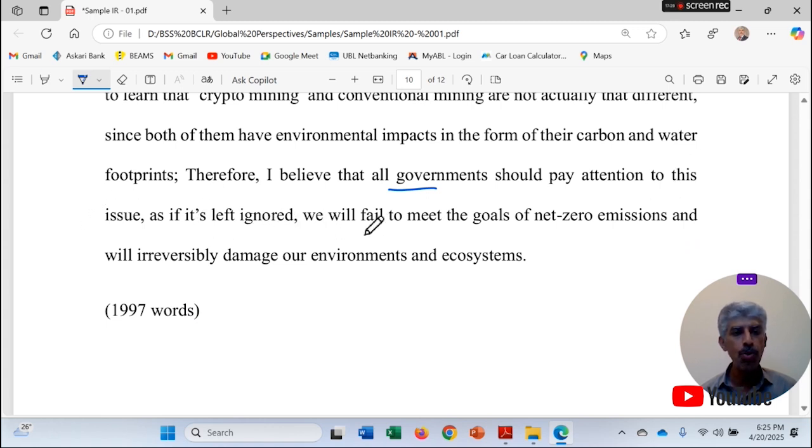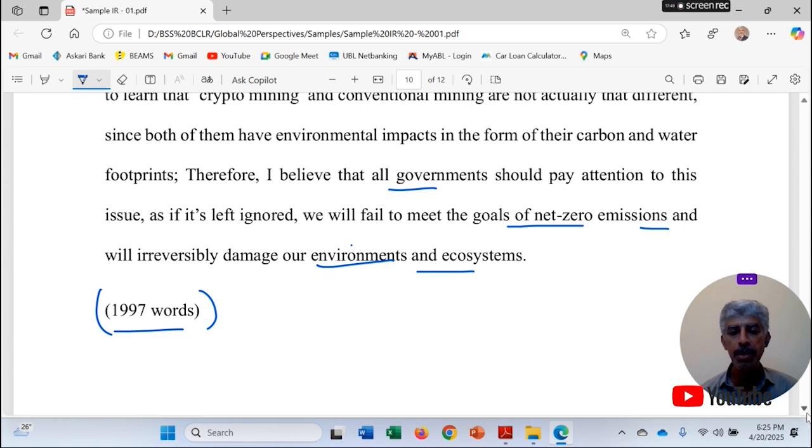"I believe that all governments should pay attention to this issue, as if it is left ignored, we will fail to meet the goals of net zero emissions and will irreversibly damage our environment and ecosystem." So that is the conclusive sentence by the student.